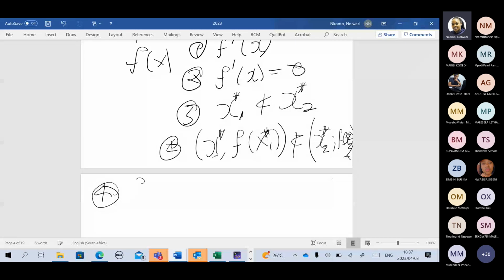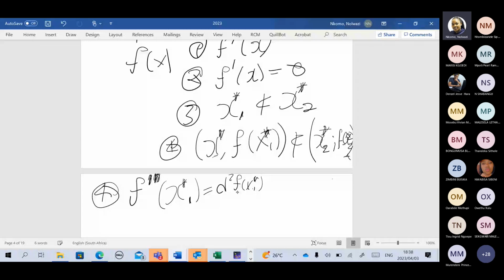You find the second derivative, which is d squared f over dx squared, and then you substitute your point, x star 1, into the second derivative.